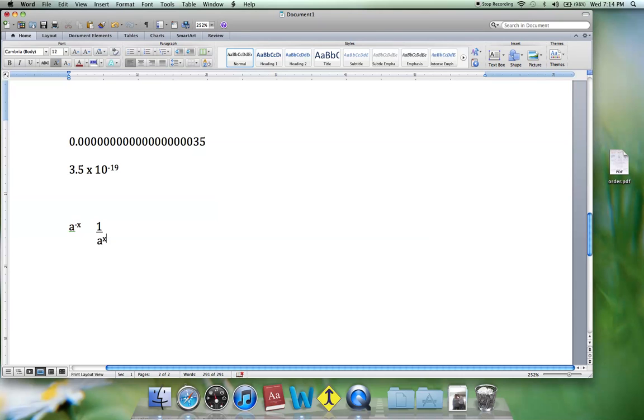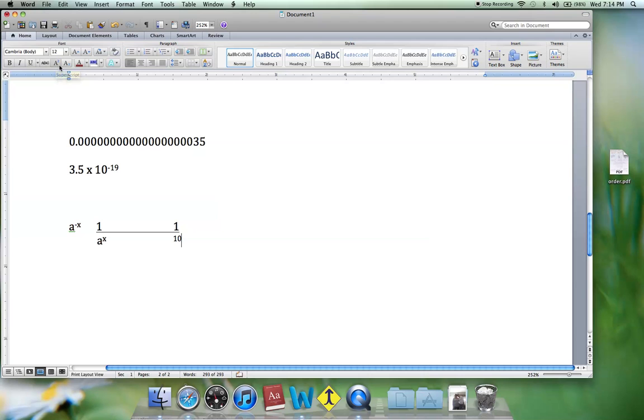And so that's how I simplify a negative exponent. So when we think about this 10 to the negative 19, that should make sense because then you're going to have a 1 in the numerator and 10 to the 19 in the denominator.